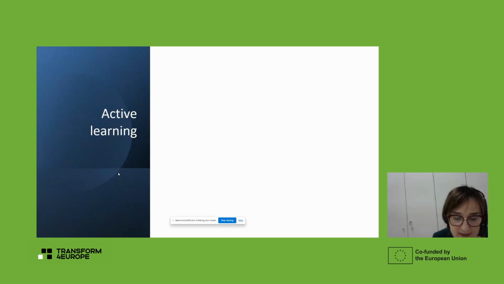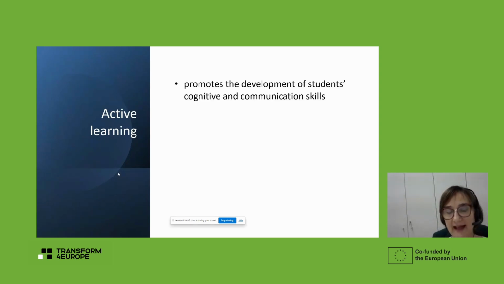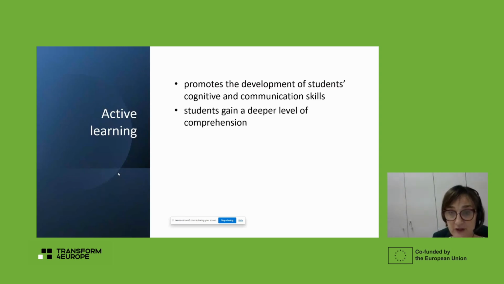And what are the main principles of active learning? First of all, of course, we know that active learning promotes the development of students' cognitive and communication skills. So both. We also know from research that students gain a more in-depth comprehension. So a deeper level of comprehension and retention.